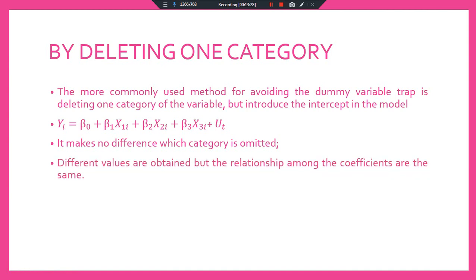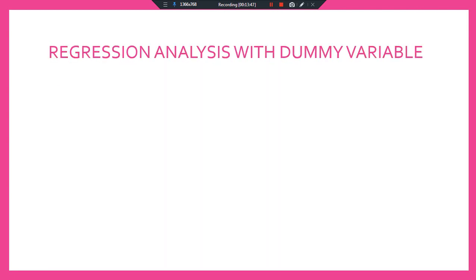Different values are obtained, but the relationship among the coefficients is the same. If you are deleting this category or this category, your coefficients will remain the same. So by deleting one category, you get your result without the multicollinearity issue.